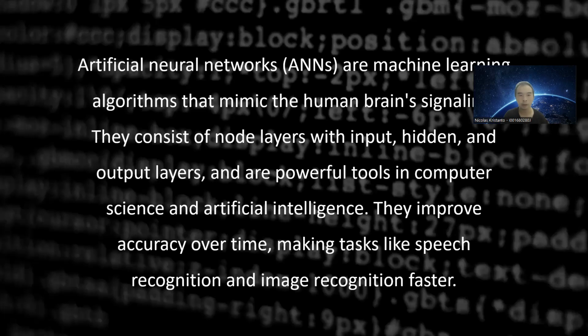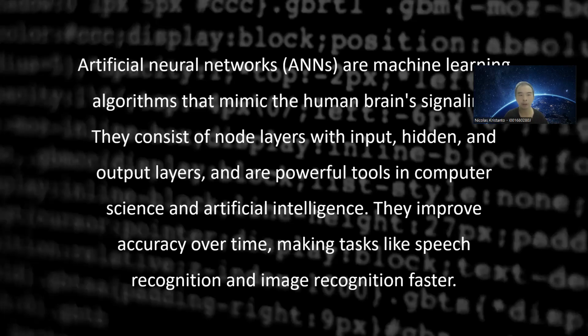So artificial neural networks are machine learning algorithms that, as you know, mimic the human brain's signaling. And they consist of node layers called input layers, hidden layers, and output layers.